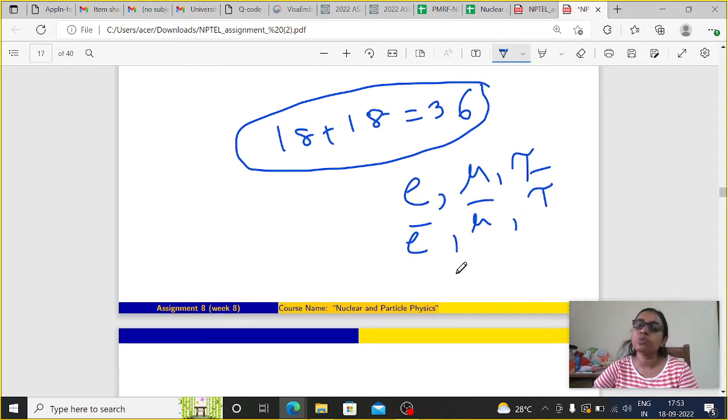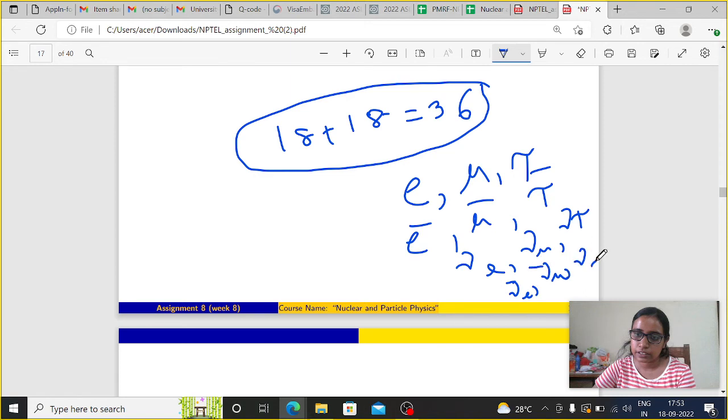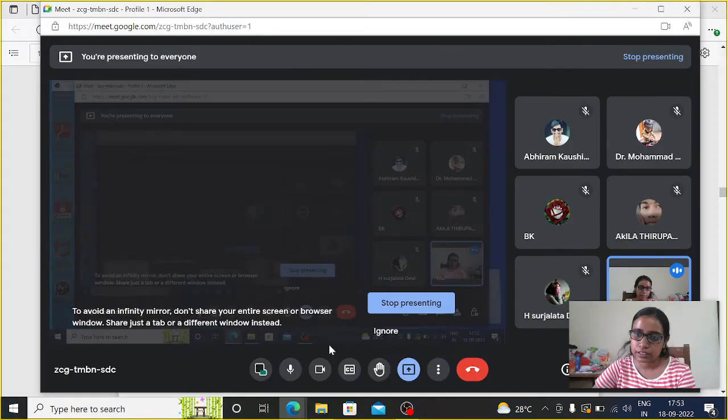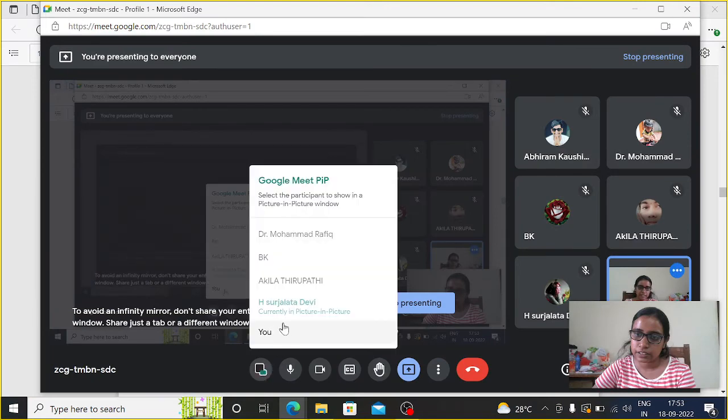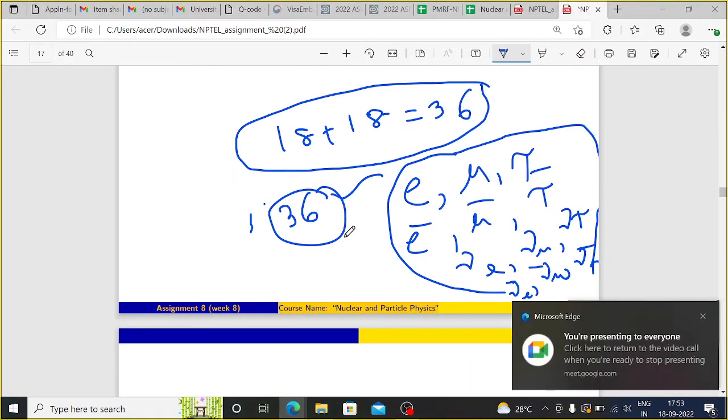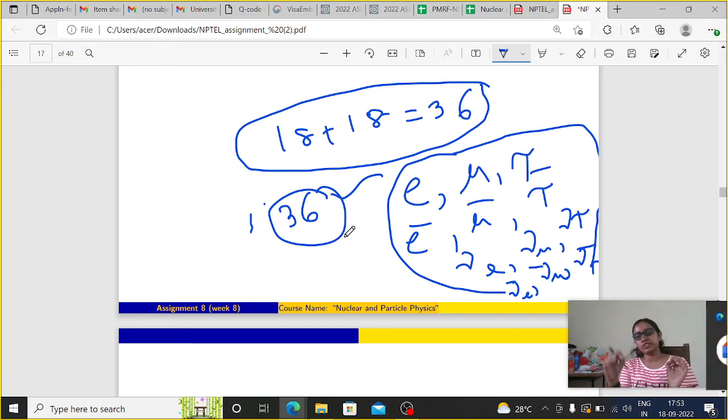And if you consider neutrinos, then nu e bar, nu mu bar, nu tau bar. So as a whole, 12 types of combination will be there for lepton, and for quark 36 types. In any elementary particle physics book you can see that there are 36 types of quark as well as 12 types of lepton.